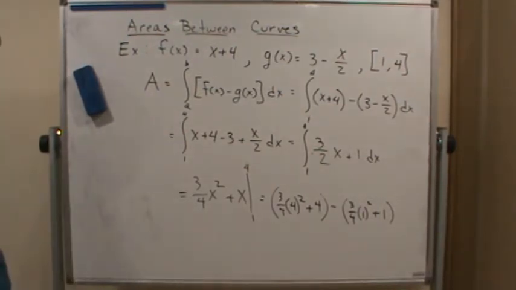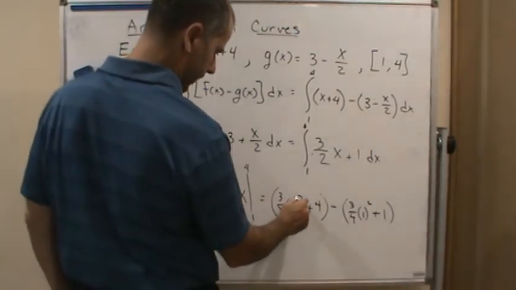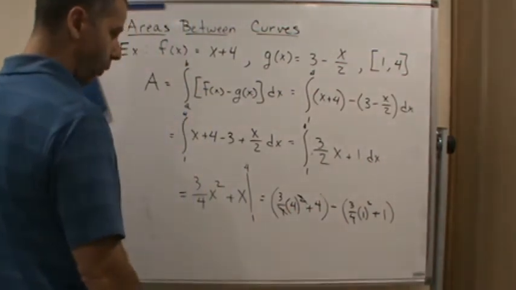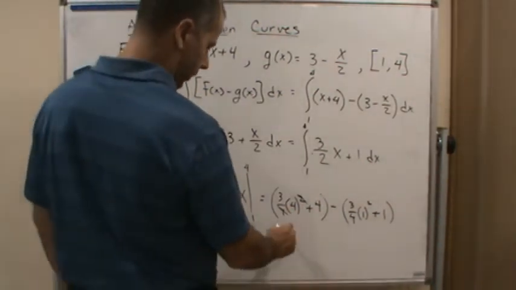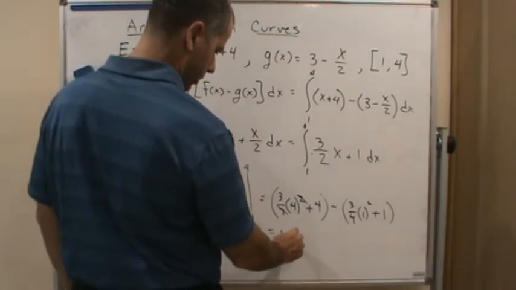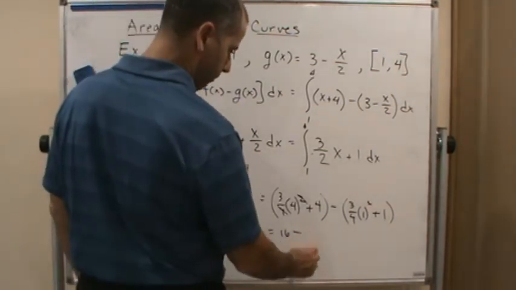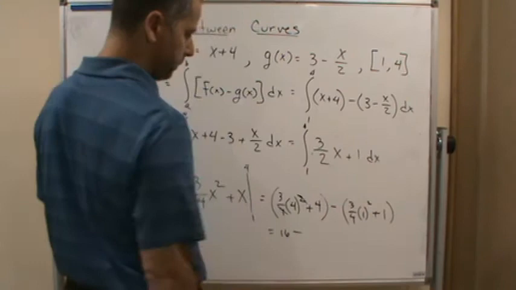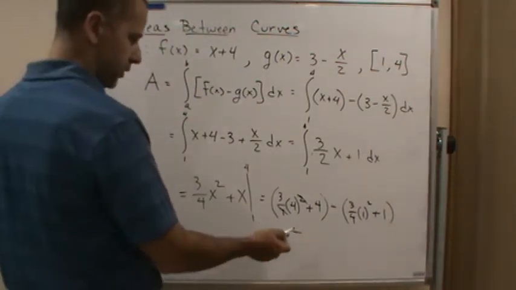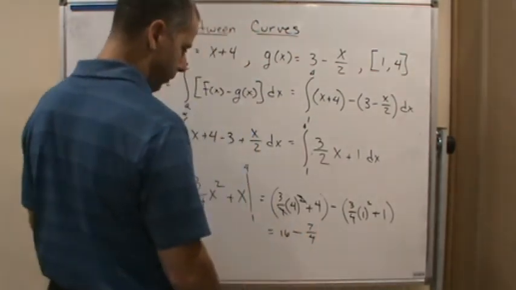If you simplify all this, this will be 16, so this is going to cancel with one of these. Then we get 12 plus 4, so we'll get 16, minus, this is just going to be 3/4 plus 1. So 3/4 plus 1 is just going to give us 7/4. So minus 7/4.